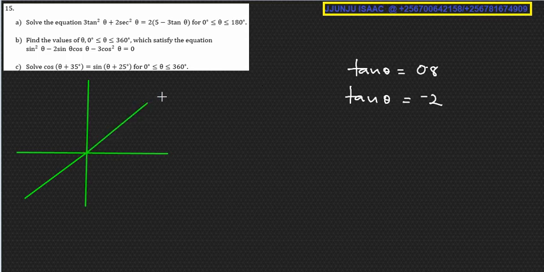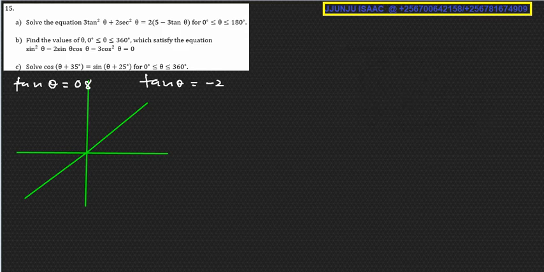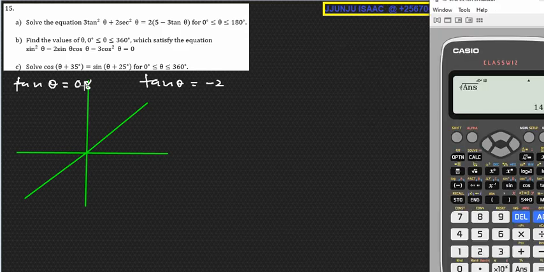So for tan theta to be equal to 0.8, we also have tan theta as negative 2. Okay, let us see what is the tan inverse of 0.8.